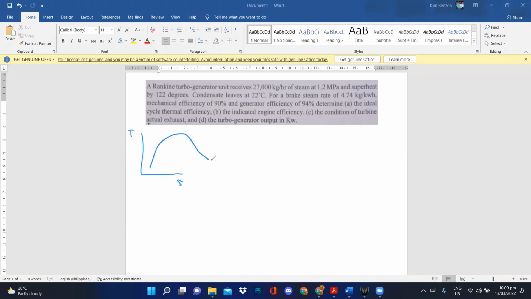A turbo generator unit receives 27,000 kg of steam, so you have your steam rate at 1.2 megapascal and superheat by 122 degrees. Therefore, you have your superheated steam at 1.2 megapascal, superheated by 122 degrees. The condensate leaves at 22 degrees Celsius.